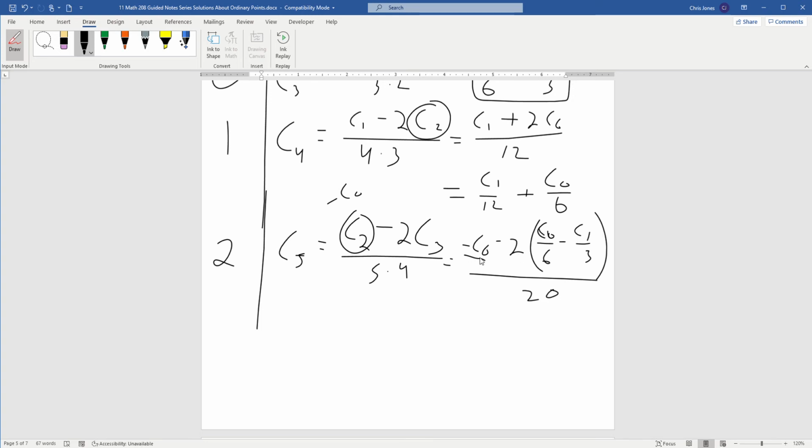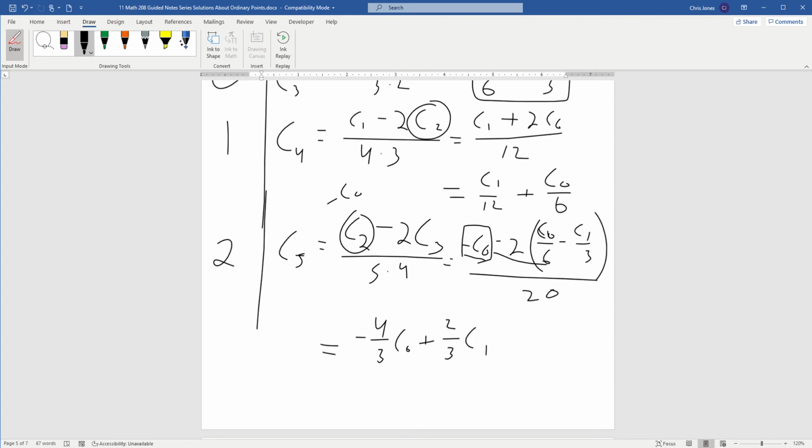If we add those together, that's equal to negative 4/3 c naught. And then we're going to have a positive 2/3 of C1.